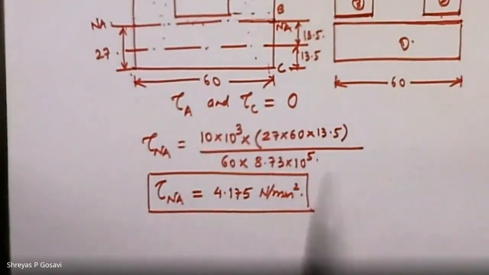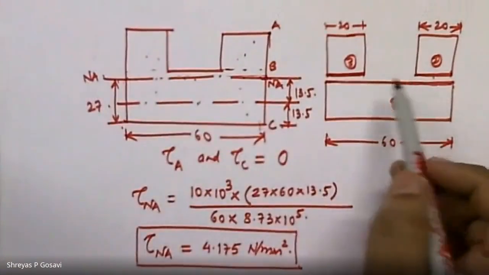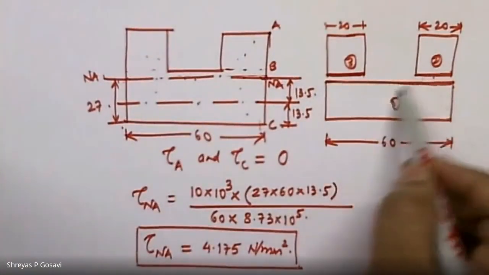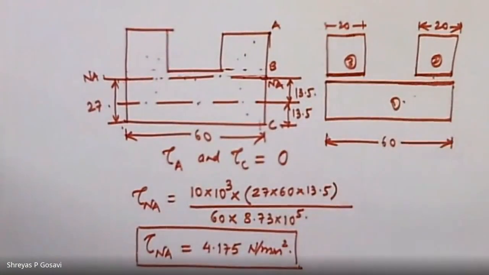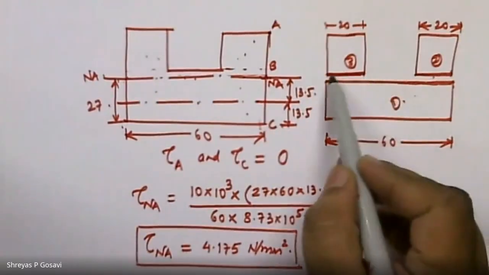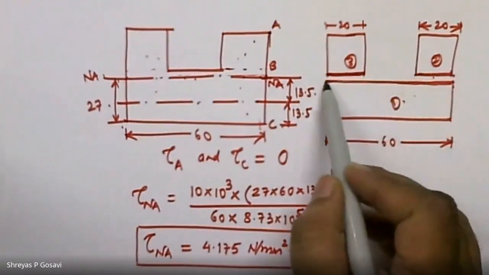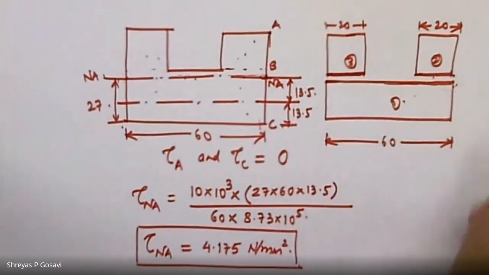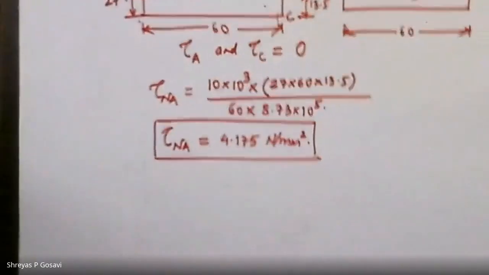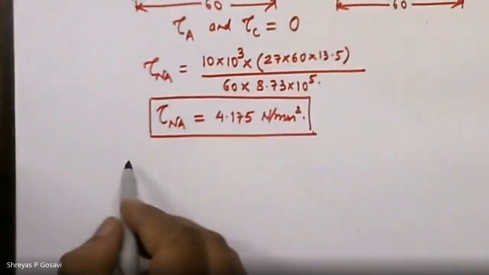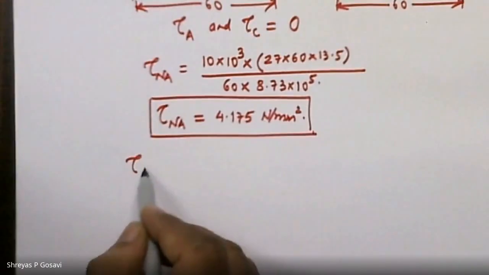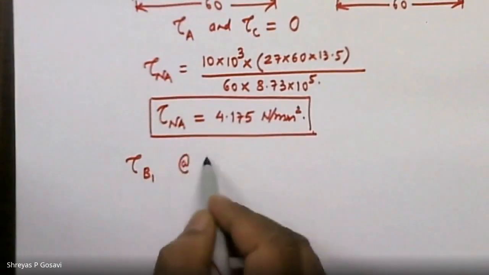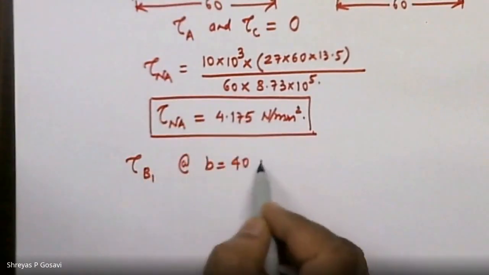Okay. And now we'll calculate the shear stress about this junction of these three subsections, that is about b equal to 40 and about b equal to 60. Let us call this B1. So tau about B1, that is at b equal to 40 millimeters.